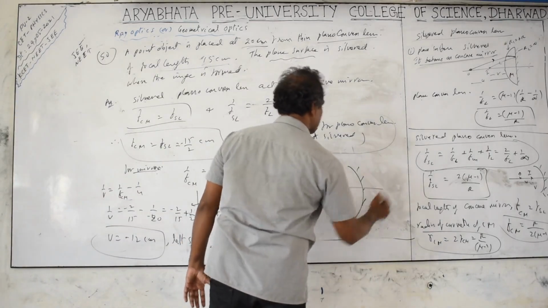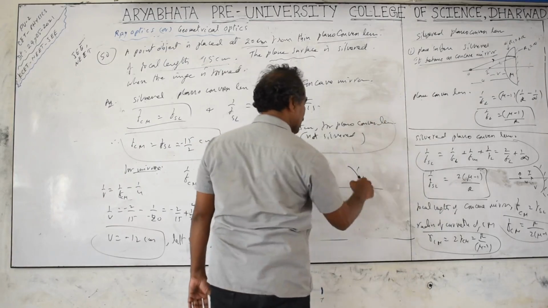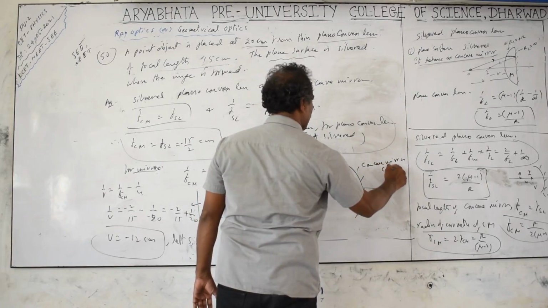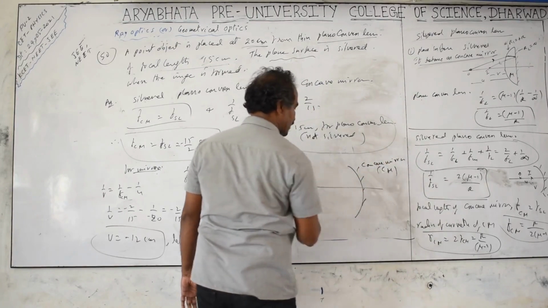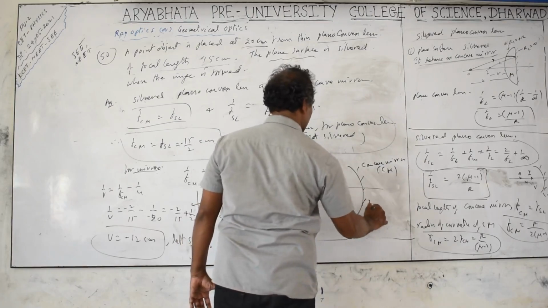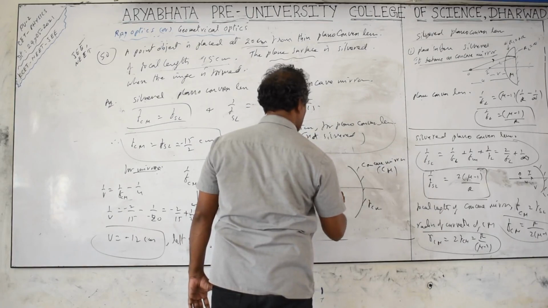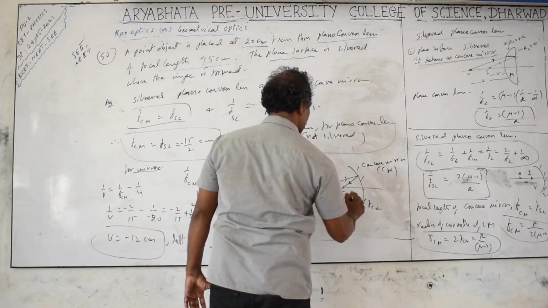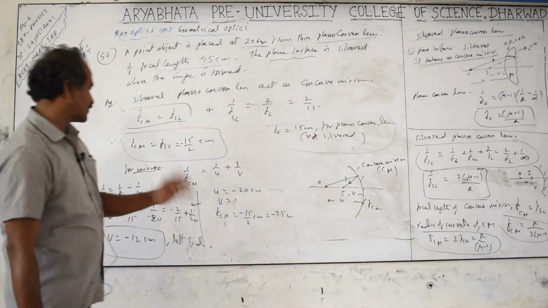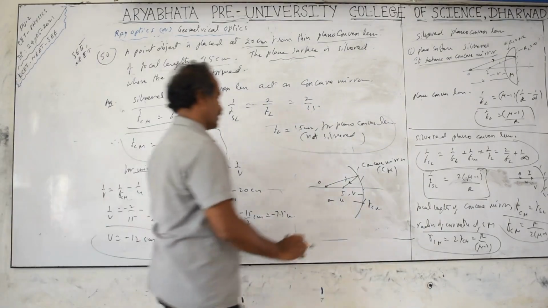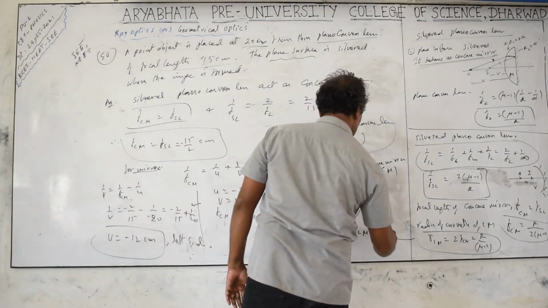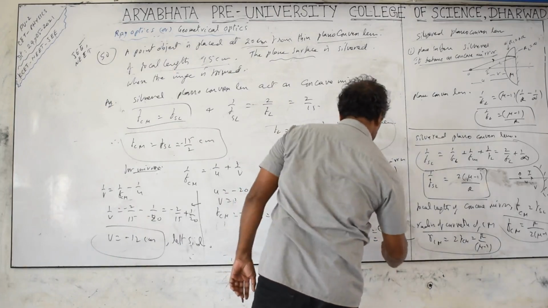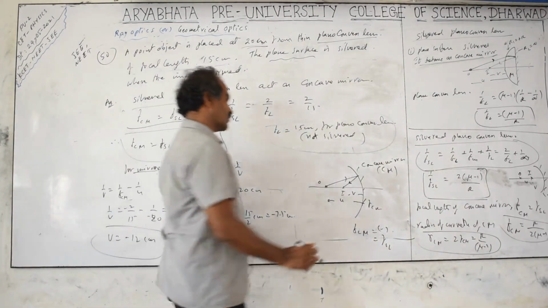So this lens behaves like a concave mirror, as in the actual diagram. The focal length and radius of curvature are on the left side, u is where the object falls, and the image is formed here. The focal length is also on the left side, so we take it as a negative focal length, equal to the negative of the focal length of the silvered lens.